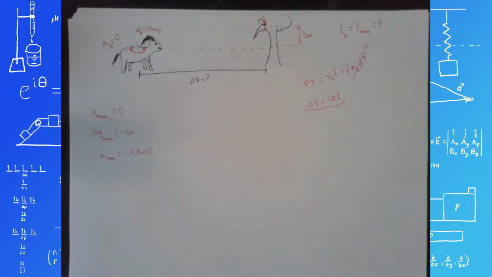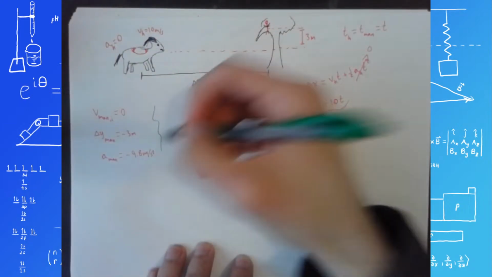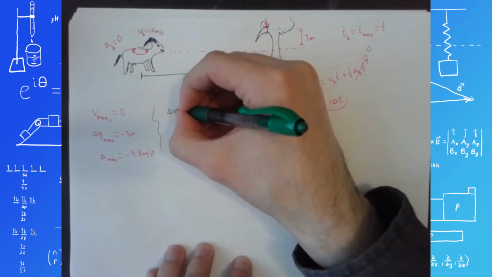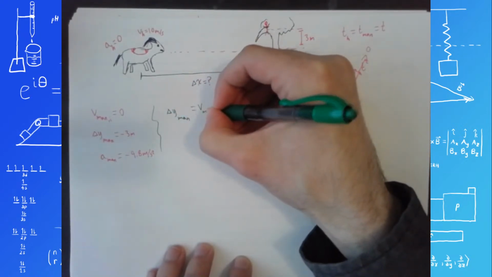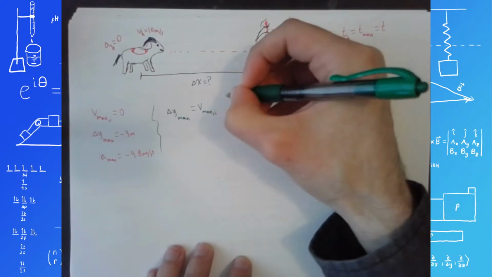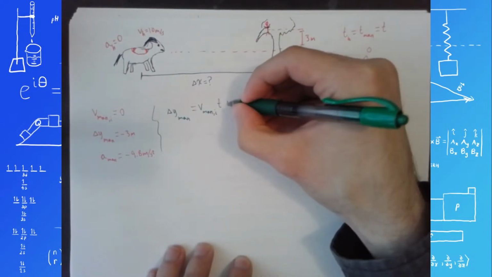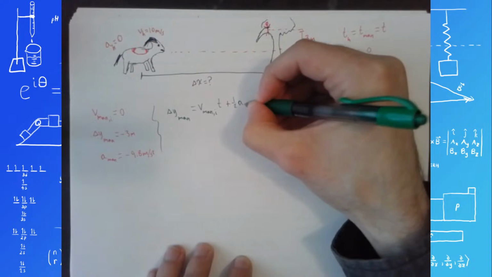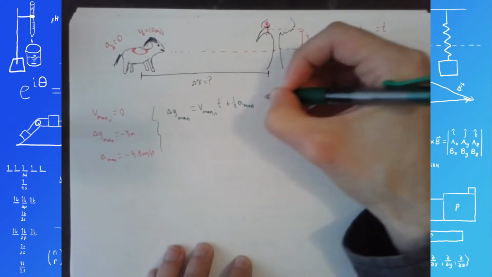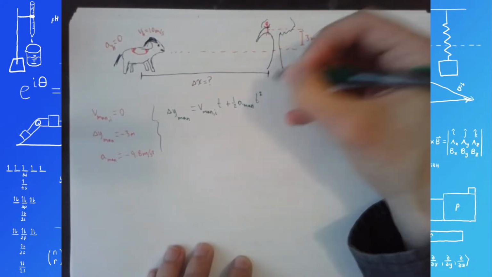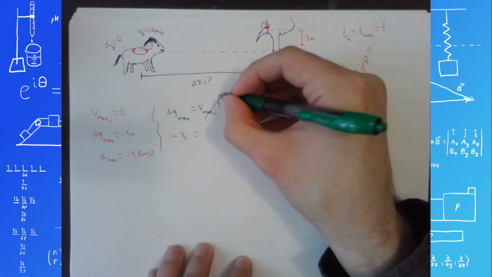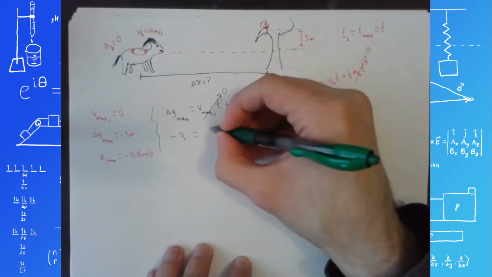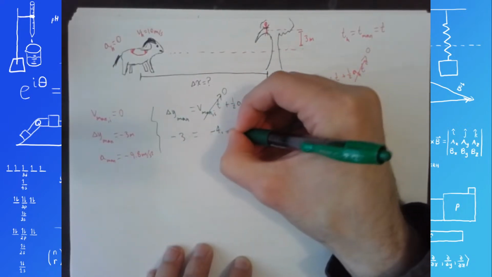Let me switch colors here. Let's do green. And let's do delta y man equals v man initial times t plus 1/2 the acceleration of the man times t squared. -3 equals, well, that's just going to be 0. And then 1/2 of -9.8 is -4.9.